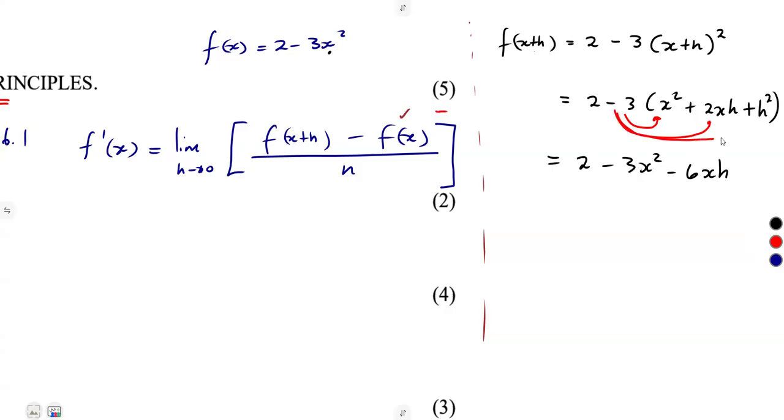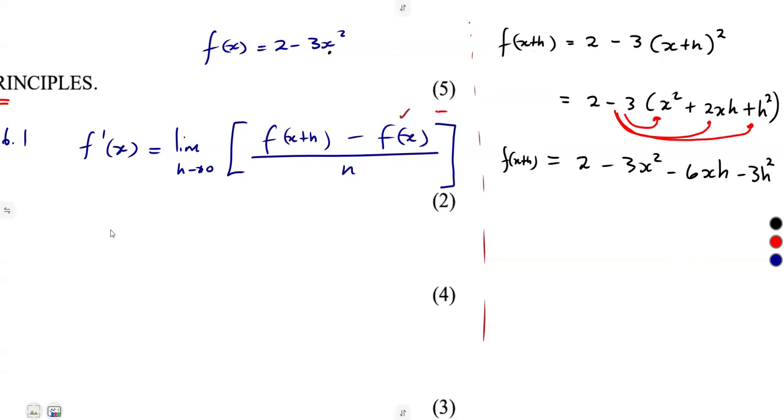And negative 3 multiplies the h squared, so that was going to give us negative 3h squared. All right. We do not have like terms in our case.